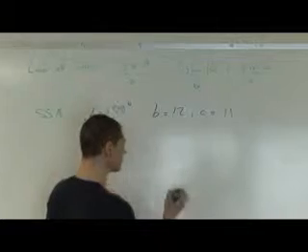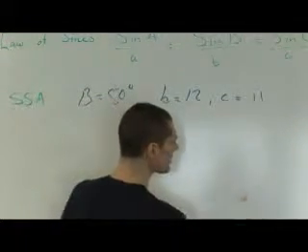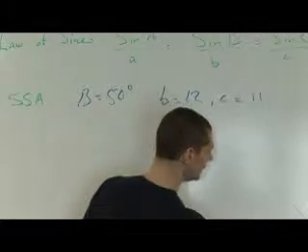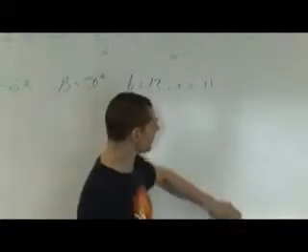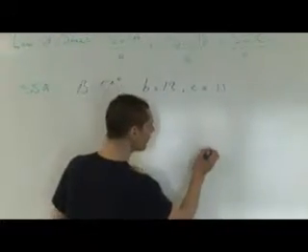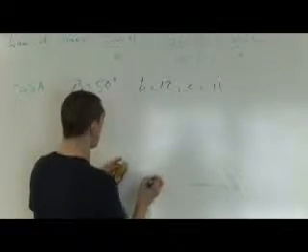Okay, so now I'm going to try and draw a semi-reasonable representation. B is 50 degrees. B is going to be in this corner. Oops, that's a little fat. You do get a little better at this after trying for a while. So maybe that's 50 degrees.